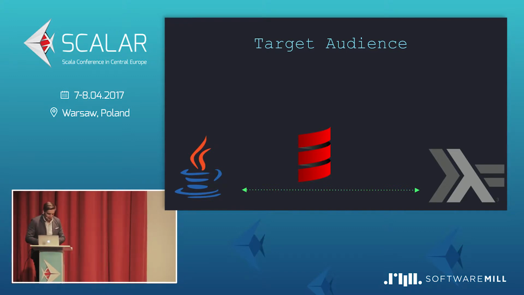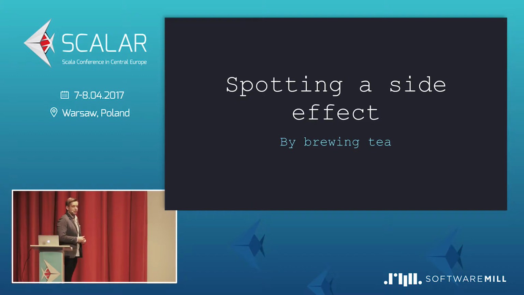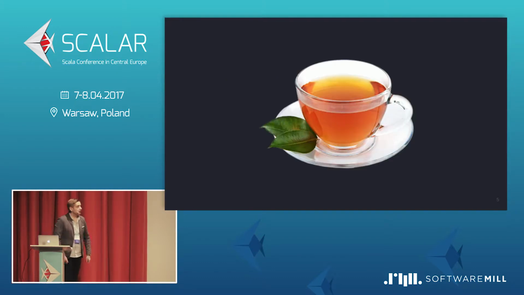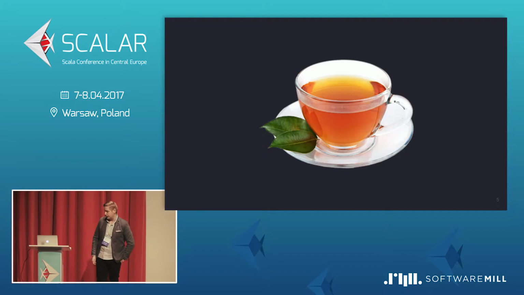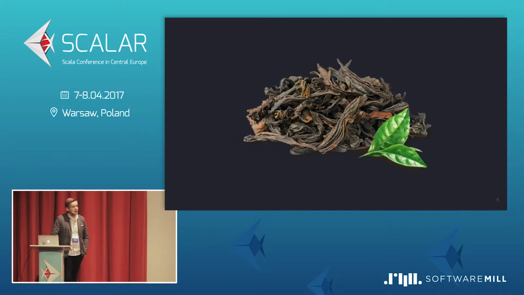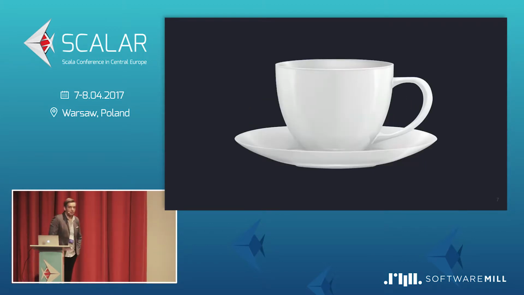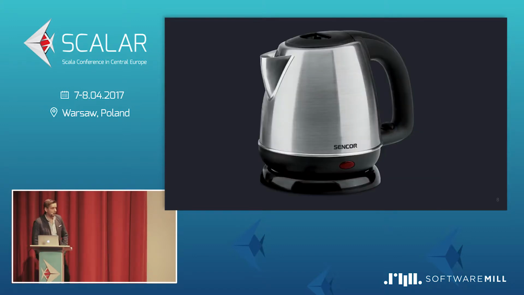So now let's look at how to spot a side effect by doing something that probably all of you have done: brewing a tea. To make this delicious cup of beverage, you need three things. You need tea leaves, you need a cup, preferably a clean one, and an electric kettle for boiling the water.